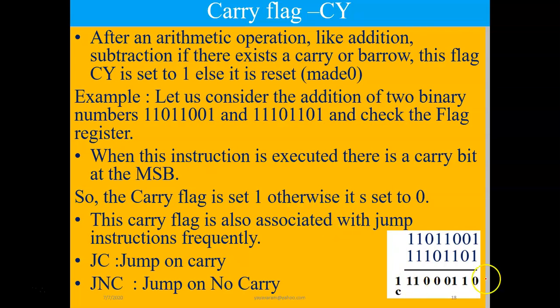This is very simple. To make you understand, I have taken an example here. This is 8-bit binary data: 1101 1001 and 1110 0110. Suppose I add these two. 1 plus 1, I get a 1 here. So 0, 1, 1, 0. Similarly, 0 plus 1, 1; 1 plus 1, 0.